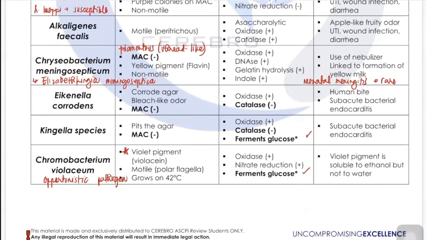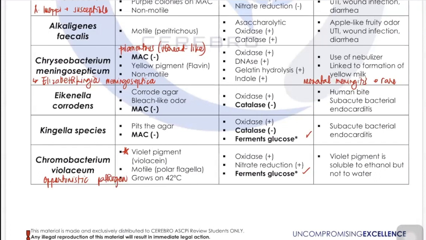No, so it is also a bit unique about Kingella and Chromobacterium violaceum, considering that technically yung pangalan ng group is gram-negative non-fermentative organism. Okay, that's why being able to ferment glucose is something that is ironic, no, about these species. So we have to take that into consideration, or that's something na pwedeng maging trivial about them, kaya kailangan nating i-take note talaga. Okay? So yan po no yung ating gram-negative non-fermentative organism.